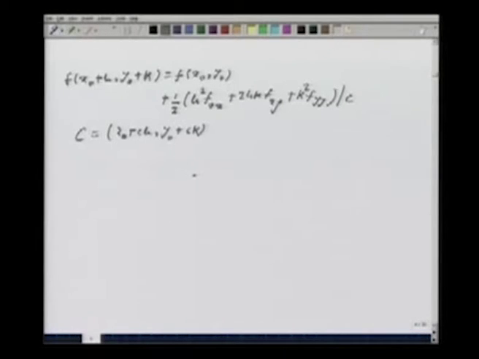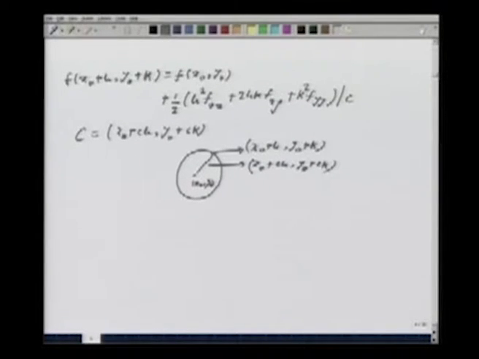So if I take this point to be (x naught, y naught), then if I look at any points here, they are of the form (x naught plus ch, y naught plus ck), if this point is (x naught plus h, y naught plus k). So by varying h, k and c, I can actually get hold of points in a disk around (x naught, y naught). That is the whole point.